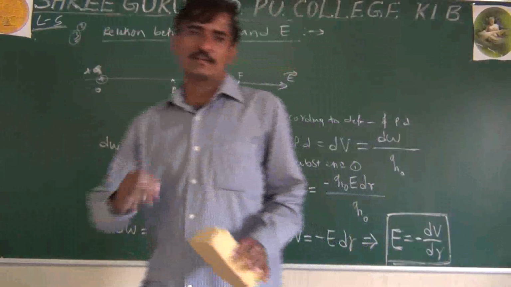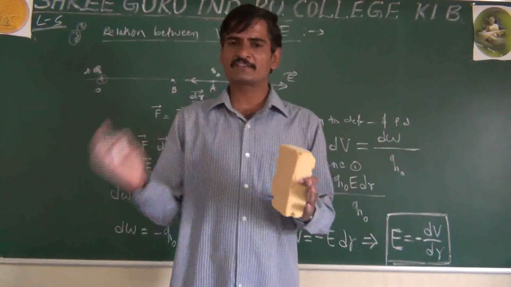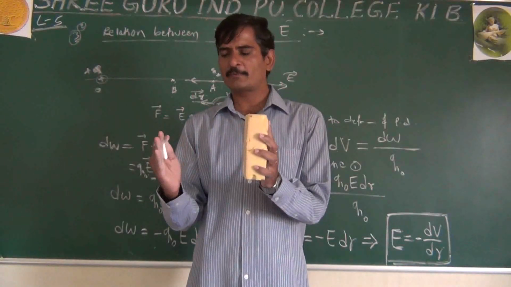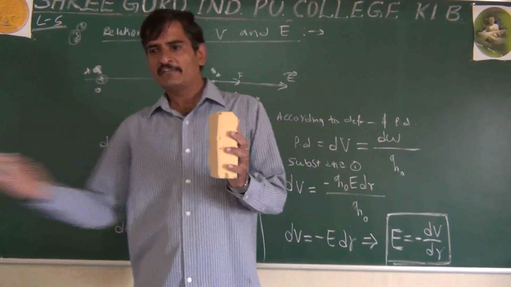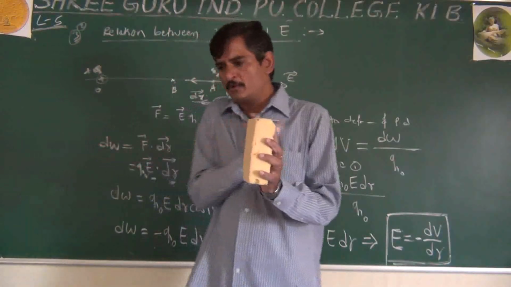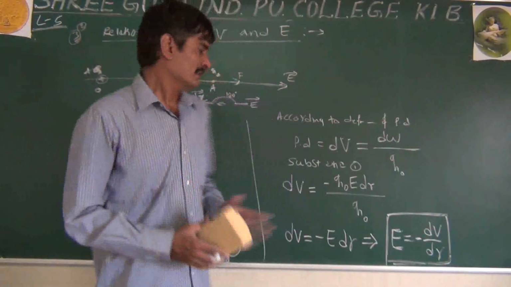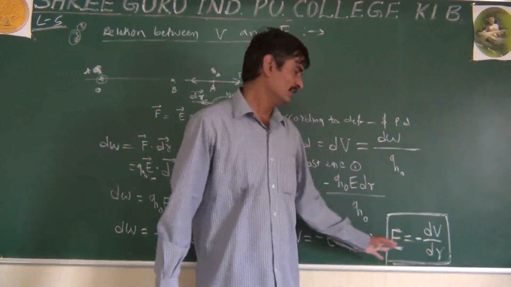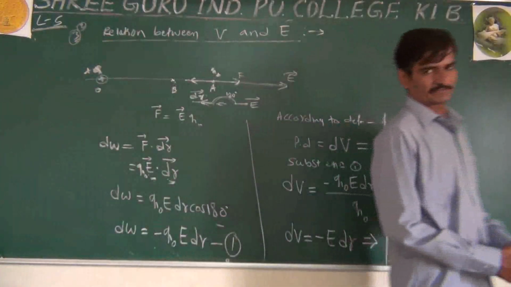In which direction is the electric potential decreasing? If here the electric potential is a certain value, here the electric potential is less, and here it is still less, then the electric field intensity will be in the direction of decreasing potential. Did you get the idea? That is what this negative sign indicates.